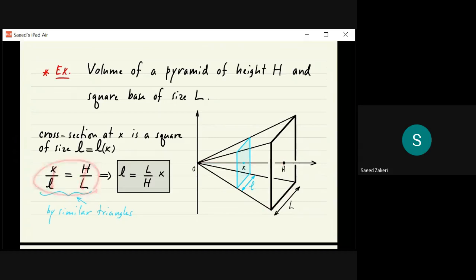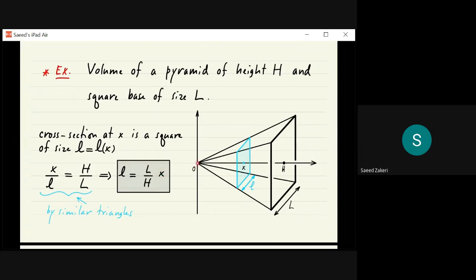This ratio is the same, so solve for l. l times H must be big L times x, and therefore l can be expressed in terms of x as this constant times x.